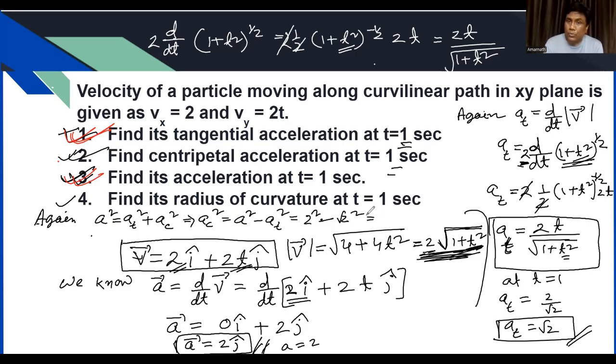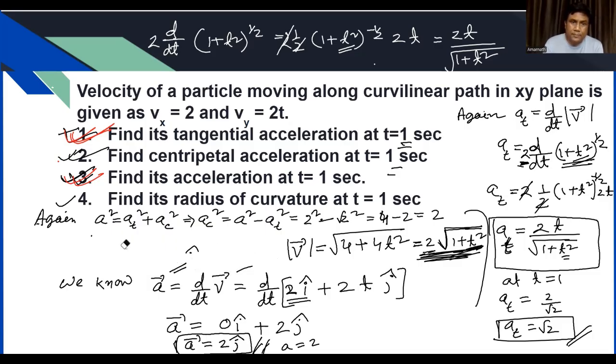It will be 4 minus 2, which is 2. So ac square is 2; check the calculation once more. It will be under root 2.